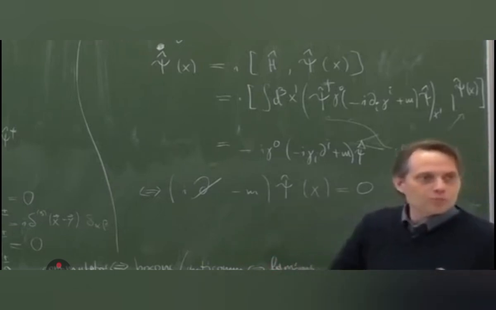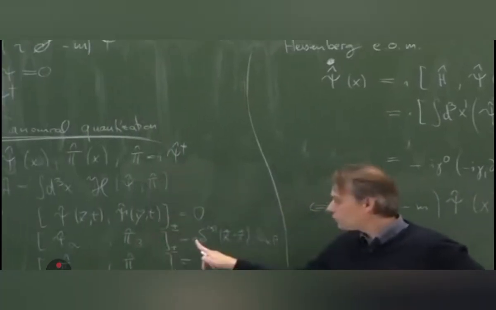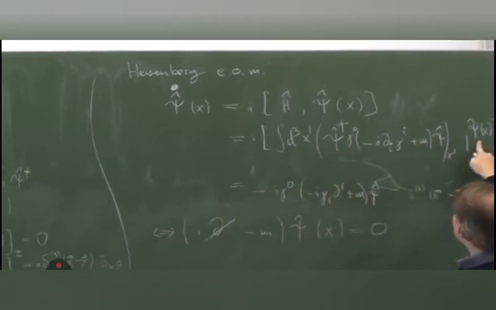Okay, you figure it out at home how the i's work out, but this is i times psi dagger, and the commutator gives i times a delta function. So the commutator between psi and psi dagger alone gives just a delta function without the i.